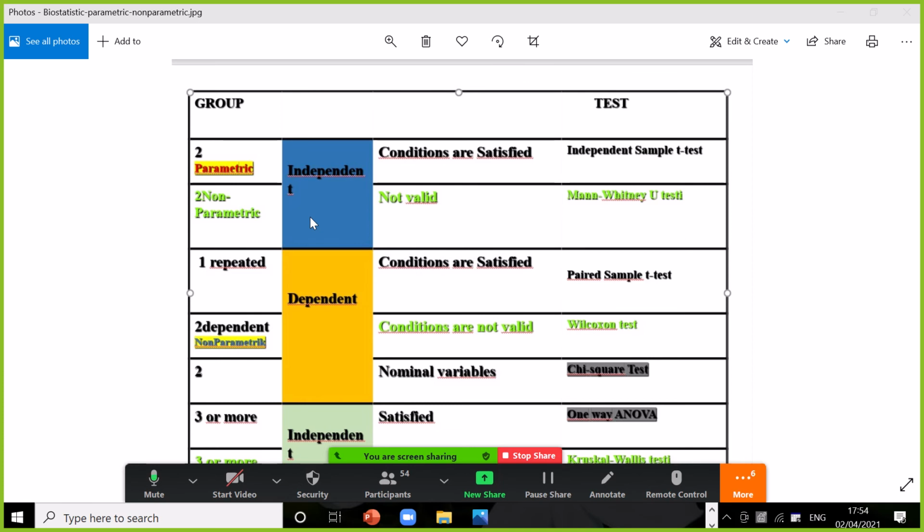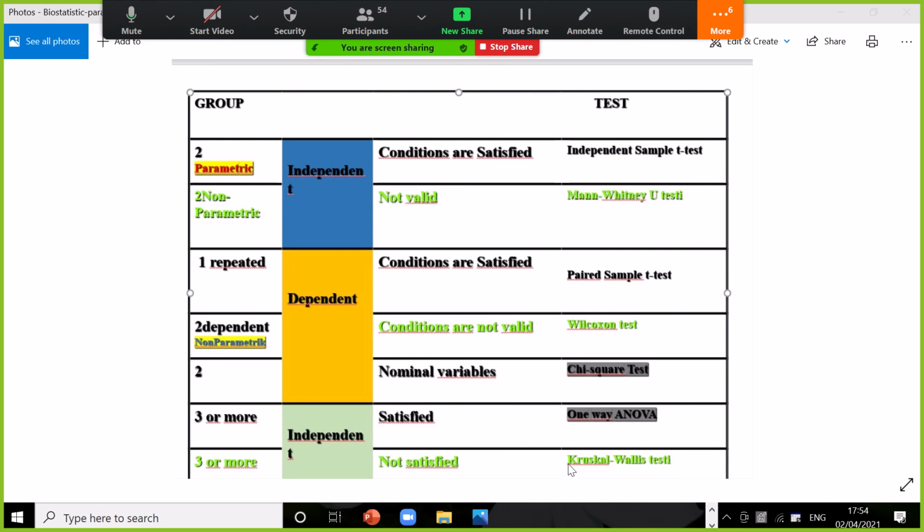It depends on the number of groups. So if we have more than 2, then one-way ANOVA. And of course, if we have parametric distributions. If the distributions are not parametric, then we can use the Kruskal-Wallis test, okay. If they are not parametric, we can use the Kruskal-Wallis test.